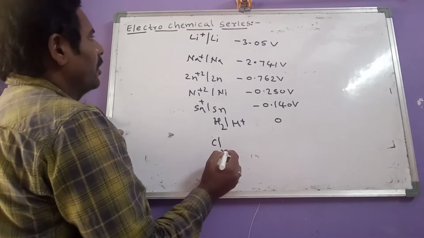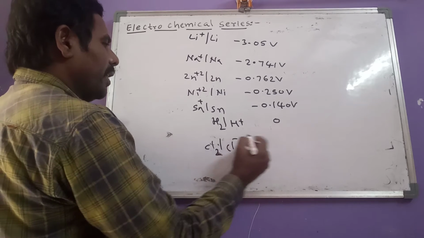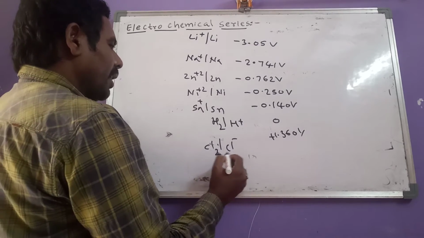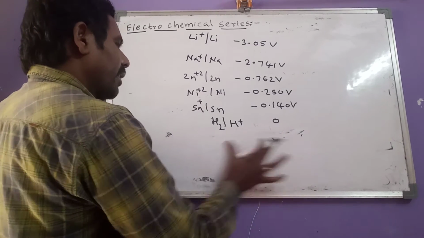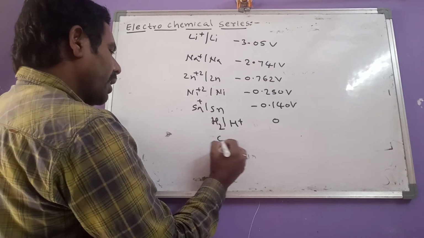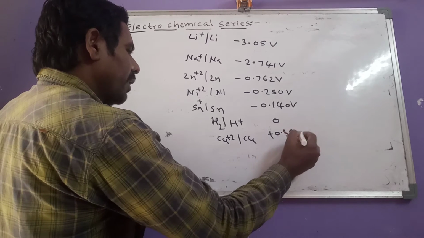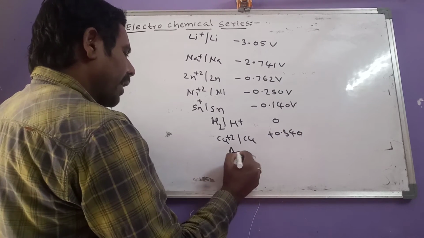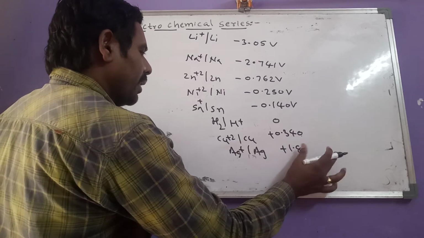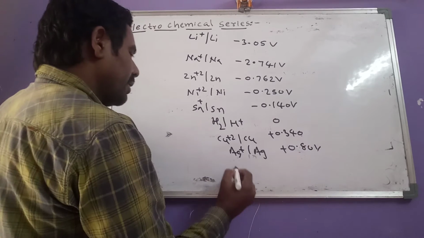And Cl2, okay, now come to this one, Cl2 by Cl minus plus 1.360 volts. And before that we can write another one also here. Of course here somewhat less place. Okay, copper plus 2 by copper, plus 0.340 volts. And Ag plus by Ag, plus 0.80 volts.